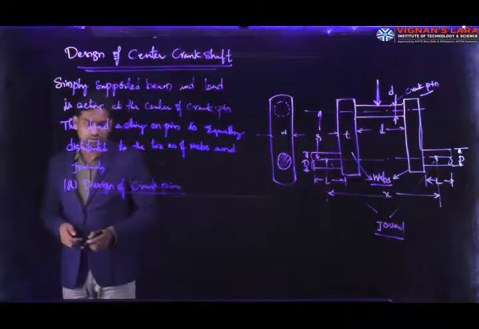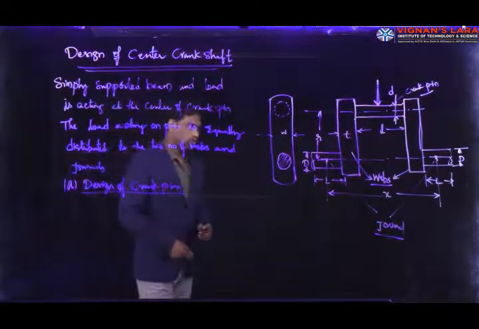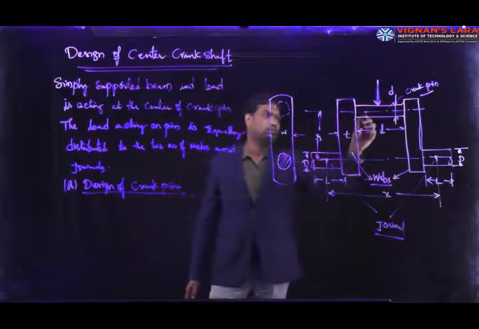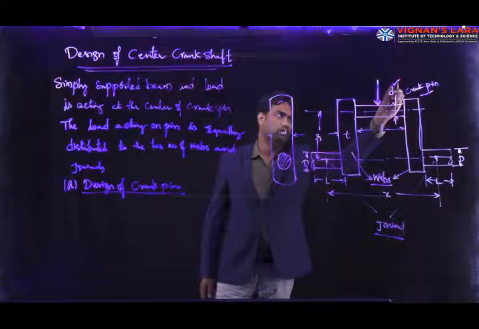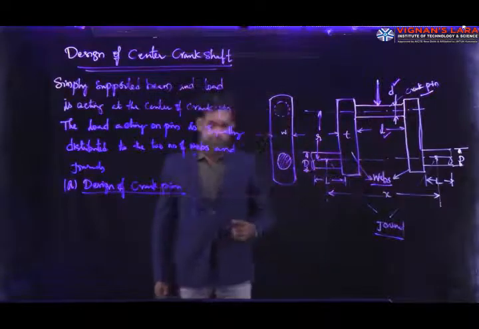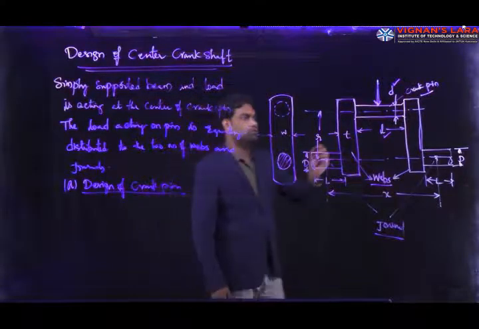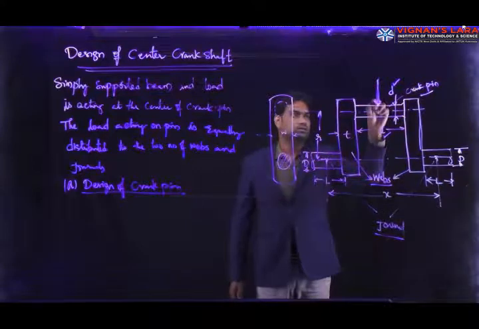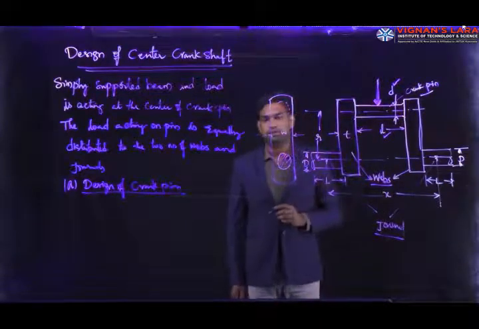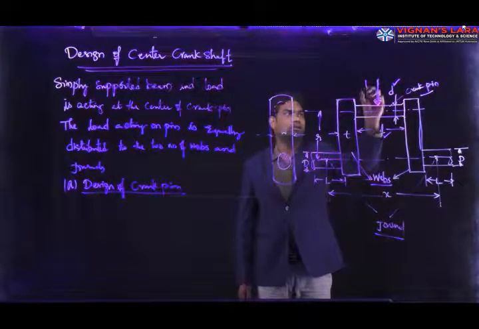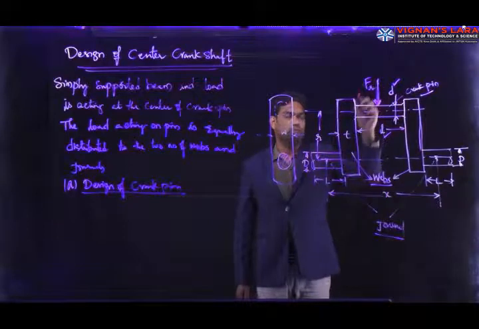Design of crank pin. In this design of the crank pin, again we have only a single pin, with diameter D and length L. Here the pin is subjected to the load at the center of the pin. The load acting is Fr or Ft.